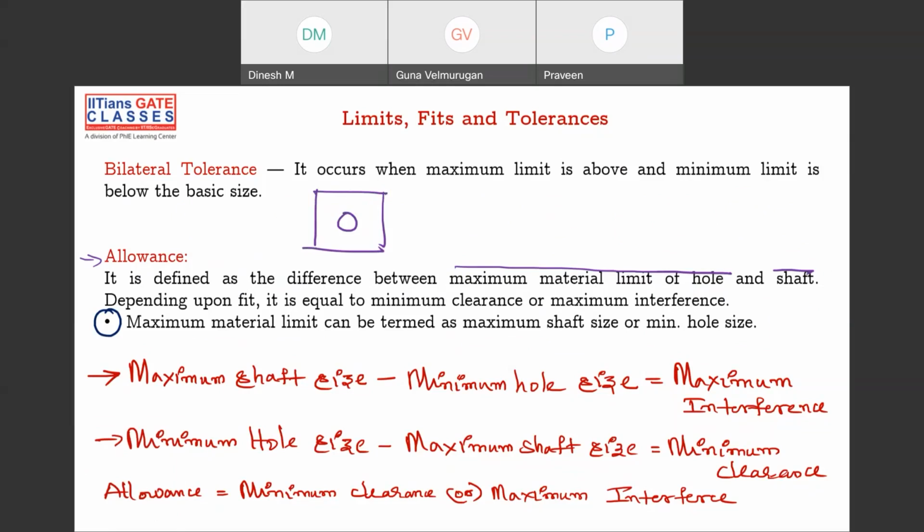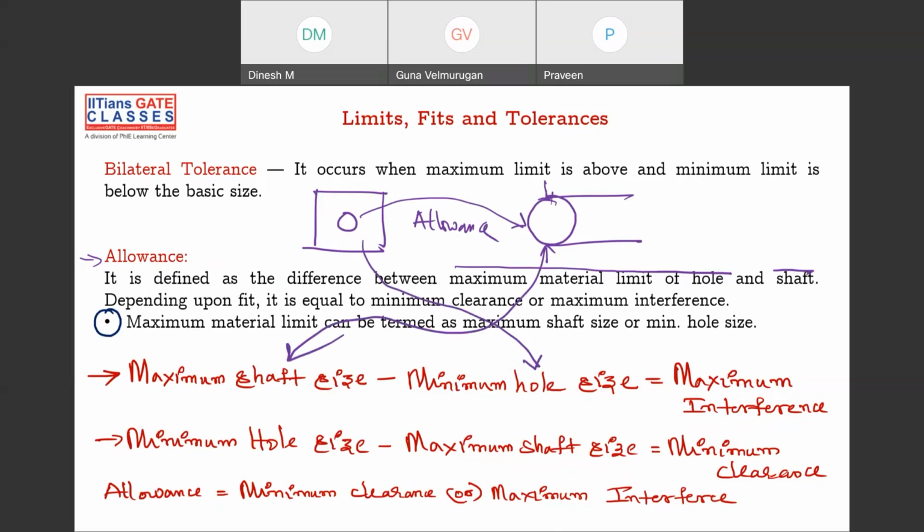And maximum material limit of shaft is the bigger shaft. The difference between these two, the maximum shaft size and the minimum hole size, is your allowance. Is it clear or not?